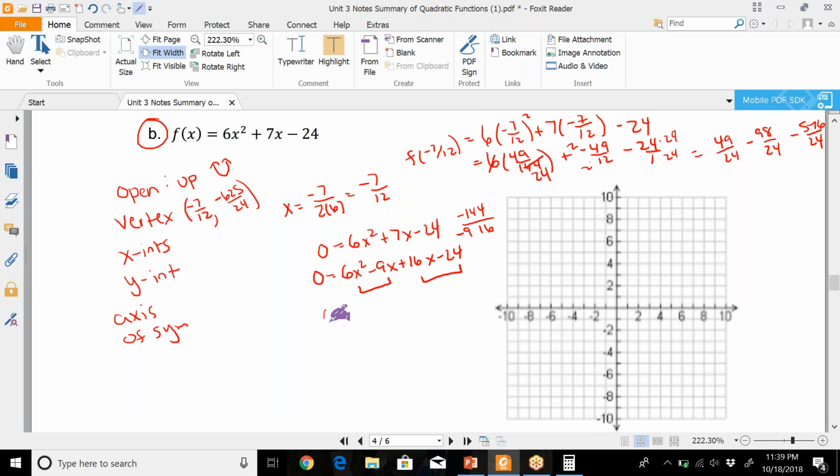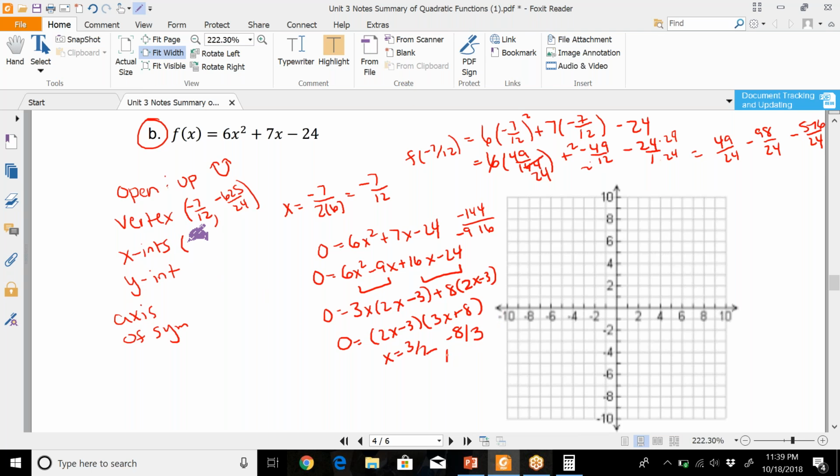Factor by grouping. That's going to be 3x times (2x minus 3) plus 8 times (2x minus 3). So we get a 2x minus 3 and a 3x plus 8. Set those both equal to 0, and we get 3 halves and negative 8 thirds.